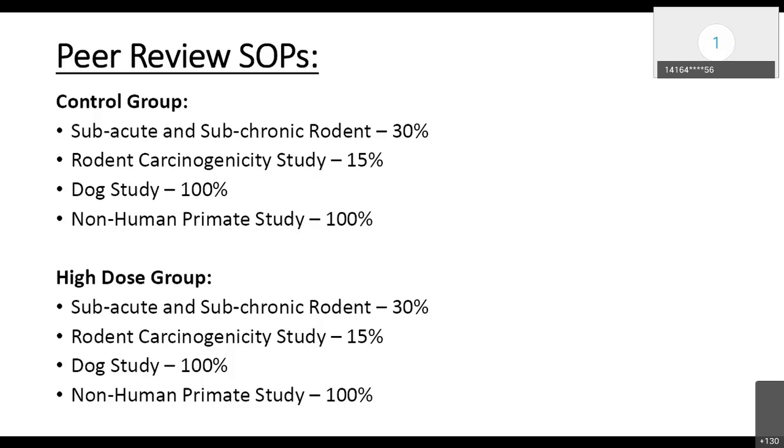If it is a dog study, then 100% of animals will be examined from the control group. And in the case of a non-human primate study also, 100% of the animals are examined. Why do we examine 100% of animals in dog and non-human primate studies? Because here the number of animals per study is very small. If we do a 30-day and 90-day tox study in dog and monkey, we would have 3 male or a maximum of 4 male and 4 female per group.